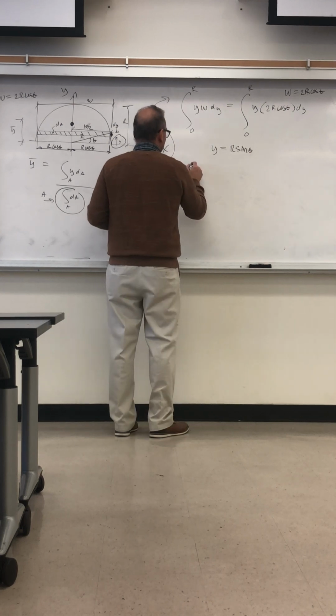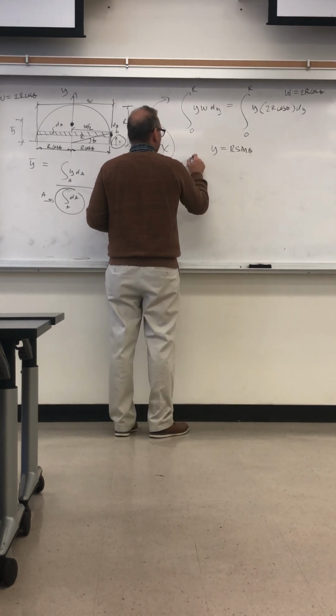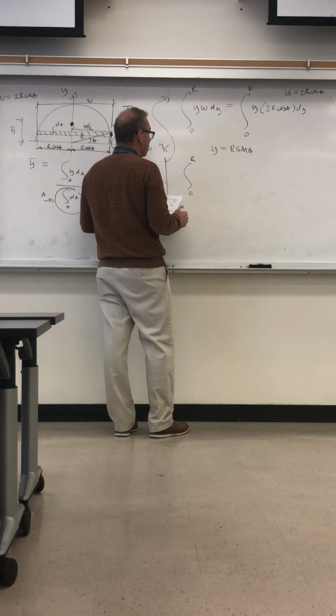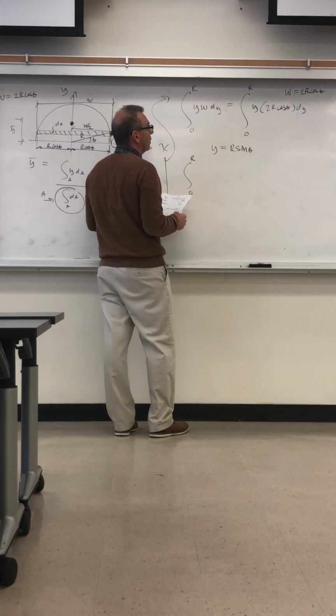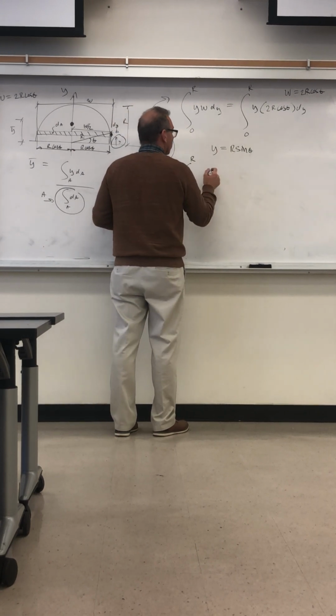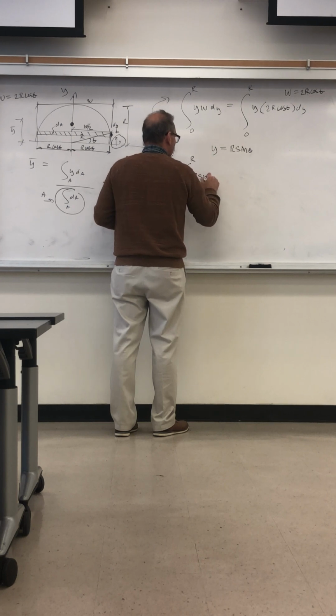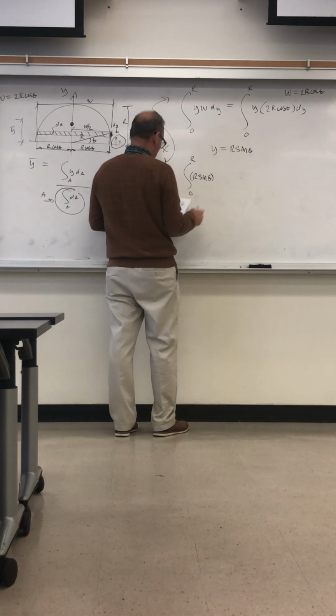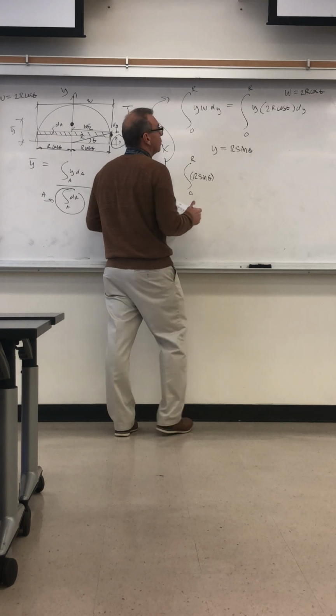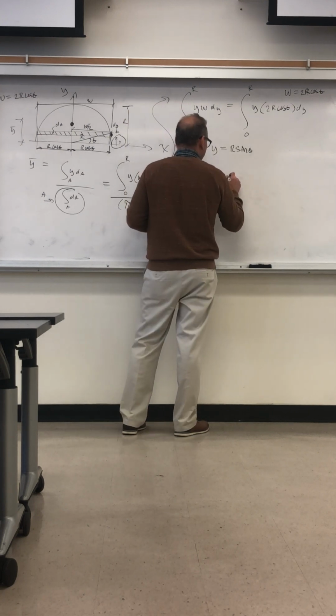So we have the integral from 0 to r of y times 2r cosine theta dy. So I'm going to put that as r sine theta. That's my y, and multiply that by 2r cosine theta.